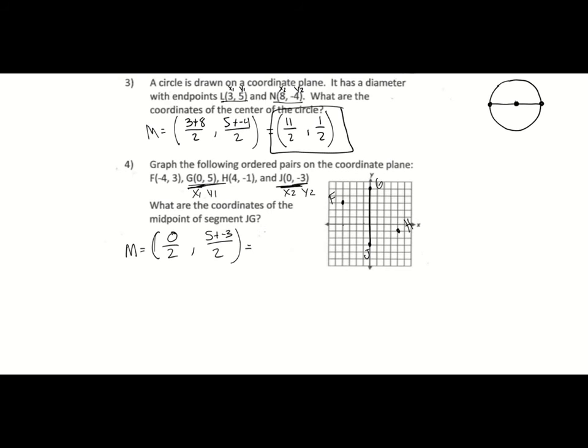Well, 0 divided by 2 is just 0. And 5 plus negative 3 is 2. Divided by 2 is 1. So that means our midpoint is going to be right at 0, 1, right here. And you can check that looks like it is in the middle of our line GJ.